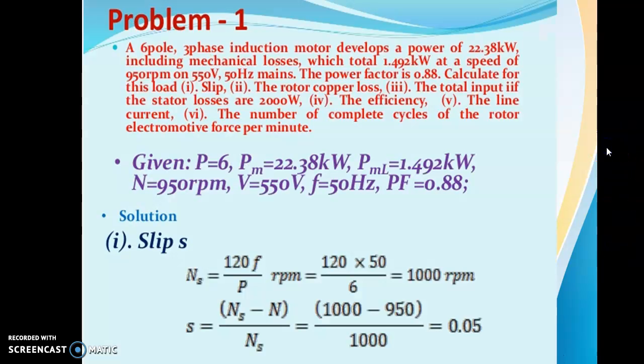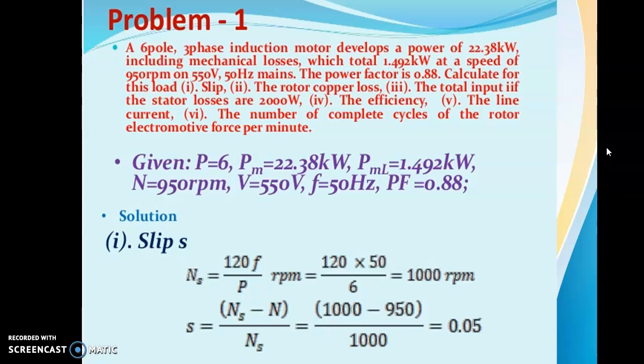So here is the first numerical, problem number 1. The question is: a 6-pole three-phase induction motor develops a power of 22.38 kilowatt, including mechanical losses which total 1.492 kilowatt, at a speed of 950 rpm on 550 volts and 50 hertz, with a power factor of 0.88.